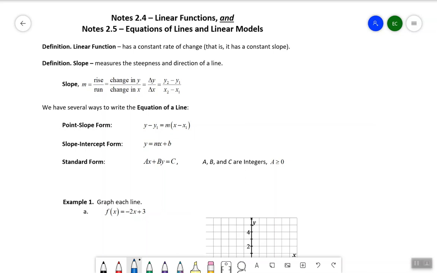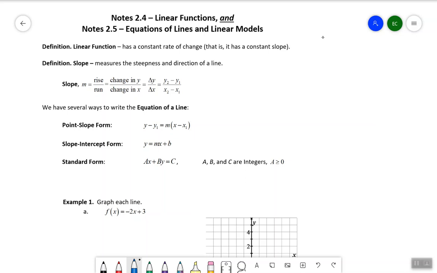So a linear function just means that there's a constant rate of change or a constant slope. And so what is slope? Well, slope just measures the steepness and the direction of a line.